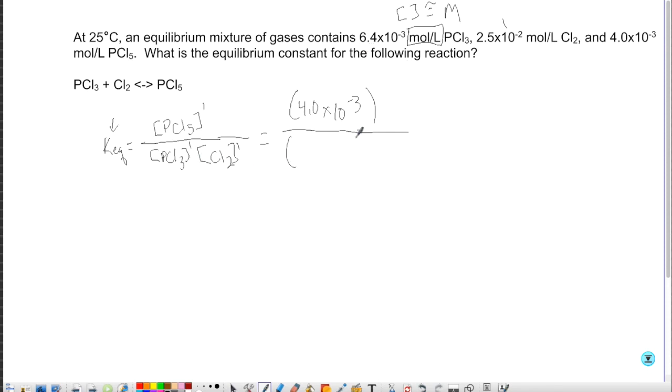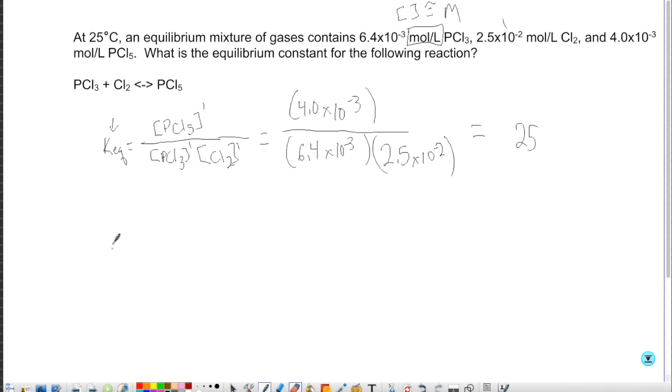Concentration of PCl3, 6.4 times 10 to the minus 3, times Cl2, which is 2.5 times 10 to the minus 2 moles, sorry, old habits die hard sometimes. Don't need the units. And this gives me, with two significant figures, 25. So KEQ for this reaction is 25 at this temperature.